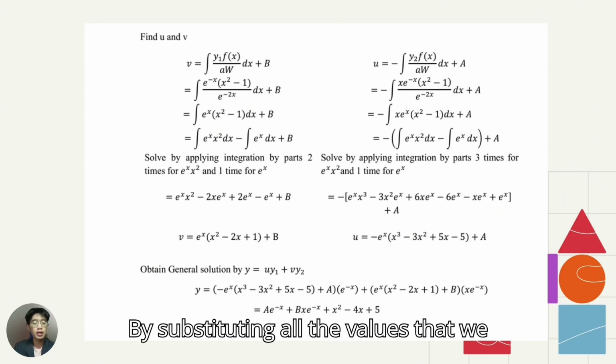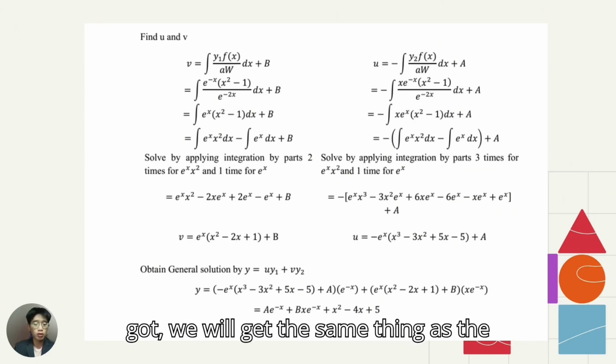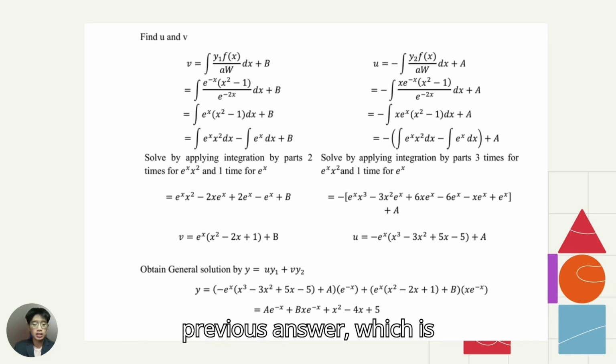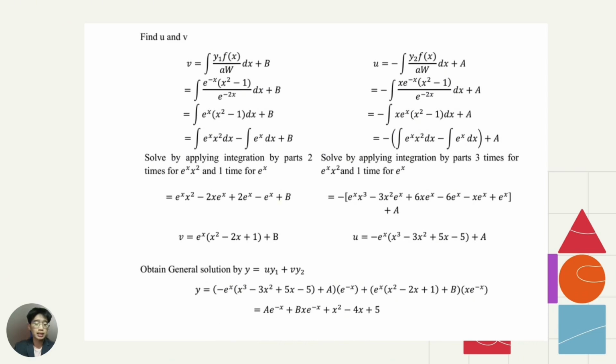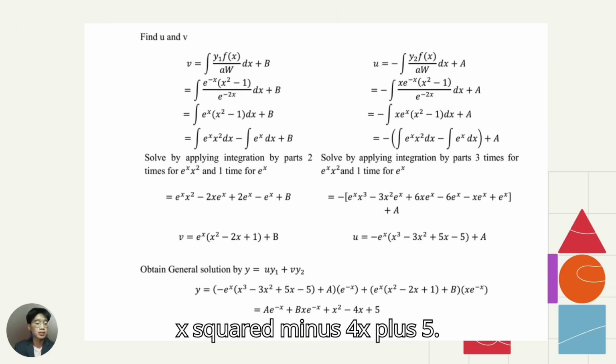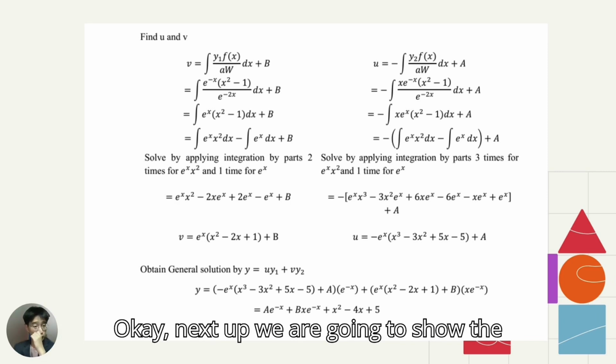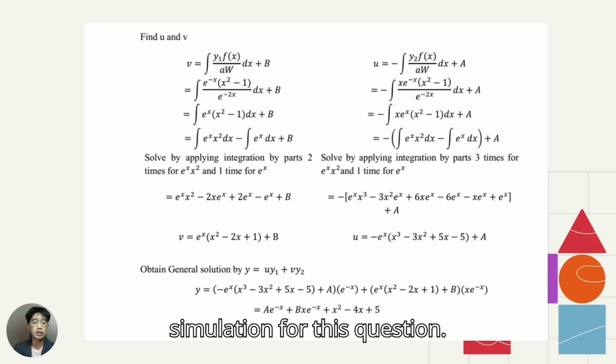By substituting all the values that we got, we will get the same thing as the previous answer, which is A e power of negative x plus B x e power of negative x plus x squared minus 4x plus 5. Okay, next up we are going to show the simulation for this question.